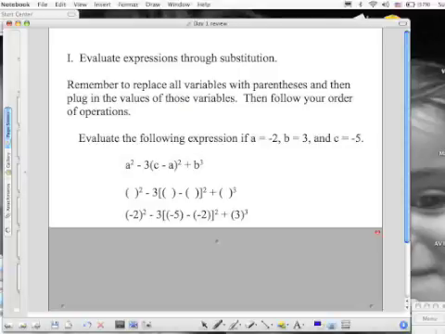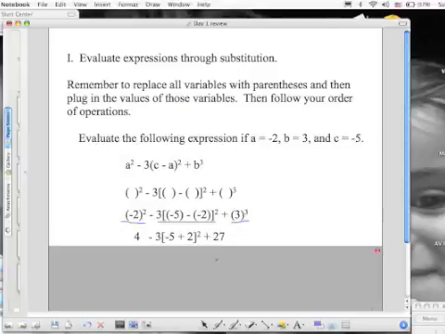This is a term, this is a term, and this is a term. Each term can be solved individually by applying the order of operations. If you look at this first term here, this is squaring a -2. And that's simple. All you've got to do is square -2. This last term is simply cubing a 3. Now in this center term, there are several operations that need to take place. So let's focus on that real quick.